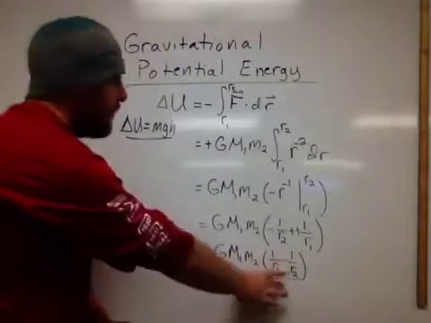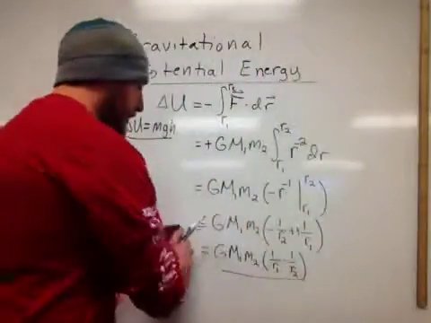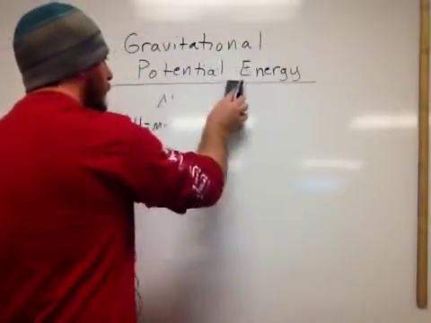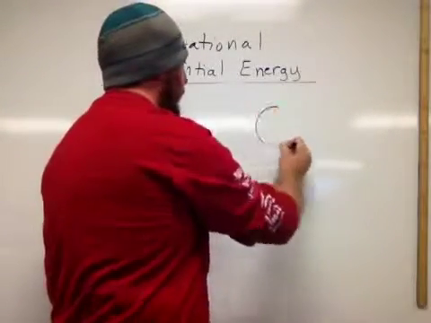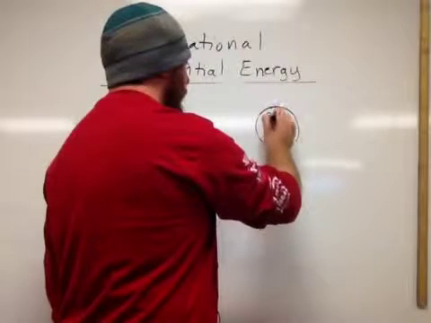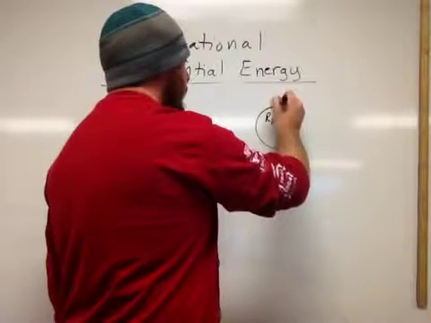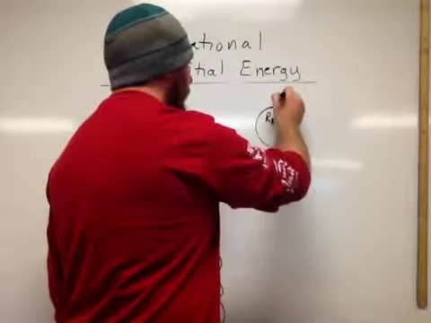So I'm going to rewrite this formula, and let's look at it this way. Let's say that we have the Earth, and here's the radius of the Earth, and I want to lift an object from the surface to some small height h.